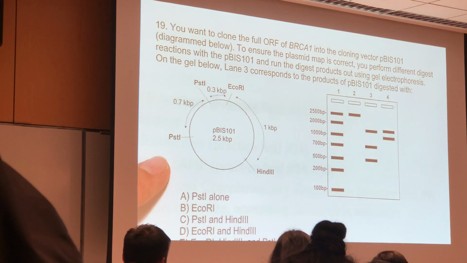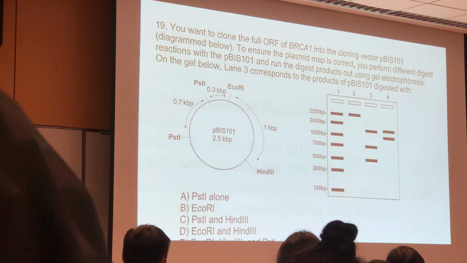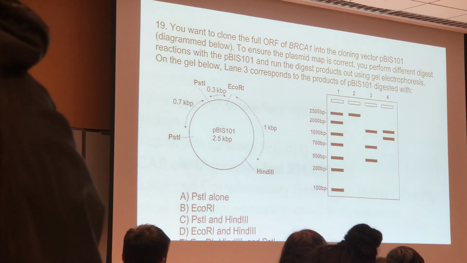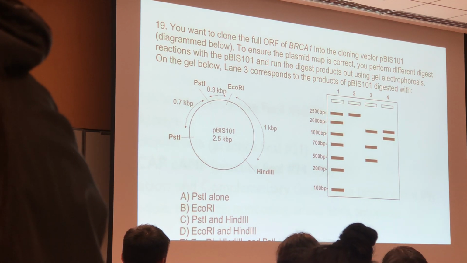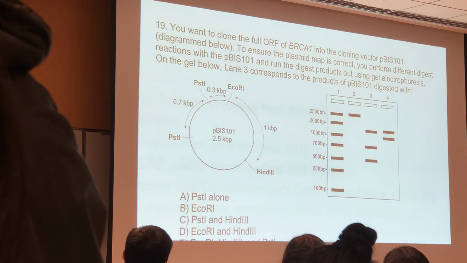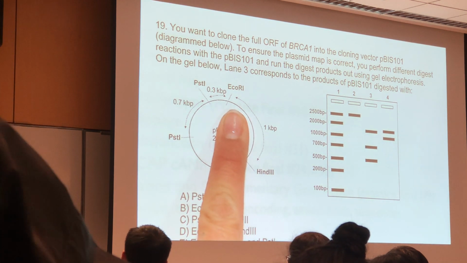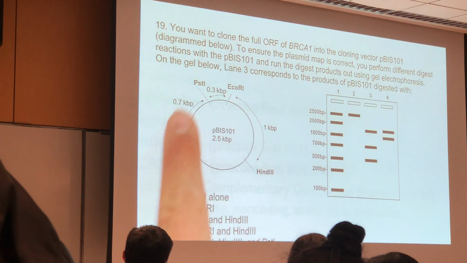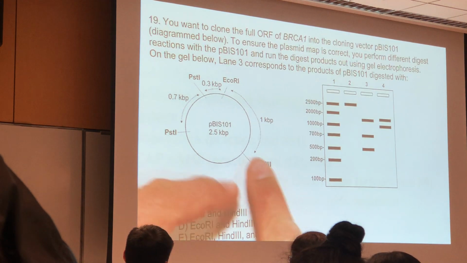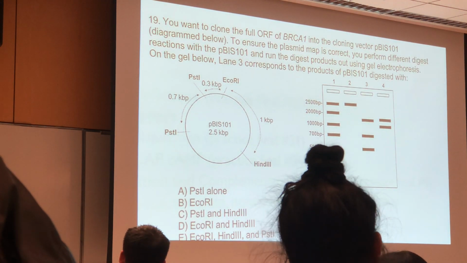Why don't we just go through each lane? What's lane 2? What is this cut with? Which enzyme would you use that would only cut it once and make one linear fragment? HindIII or EcoRI, not both, just one of them. If you have a circular molecule and you cut it once, you just make one long linear piece of DNA.